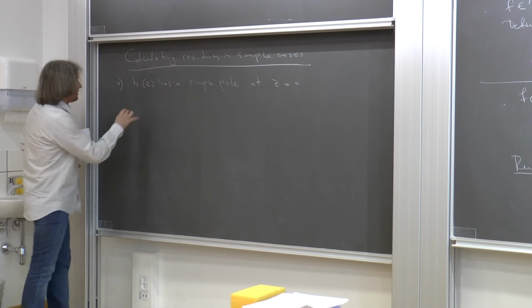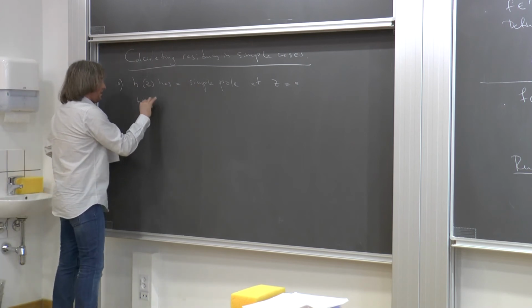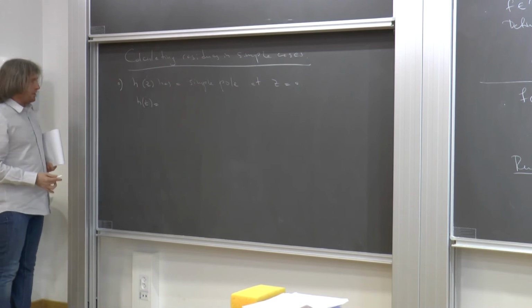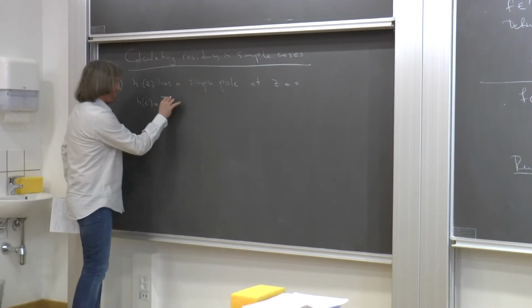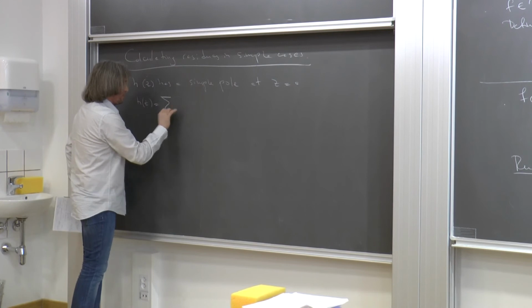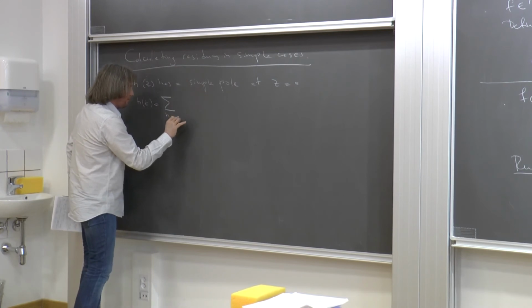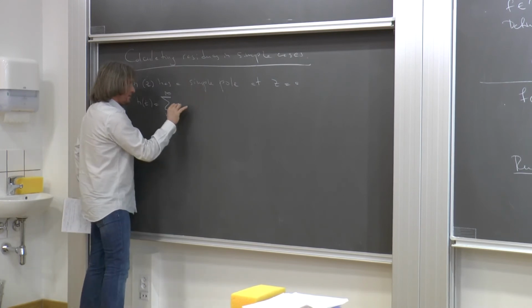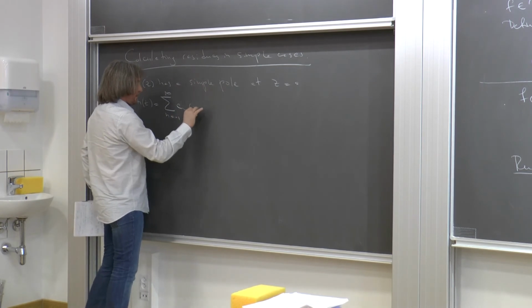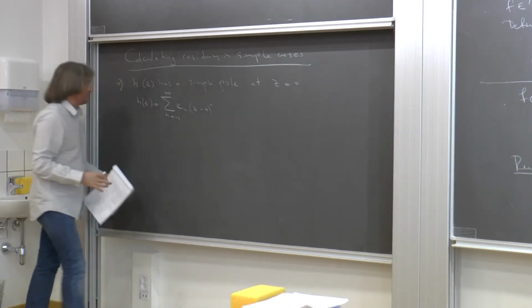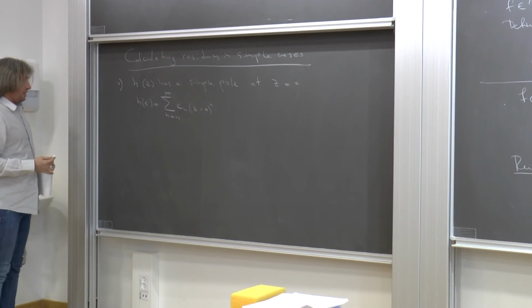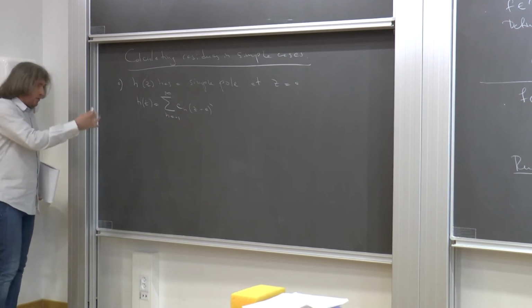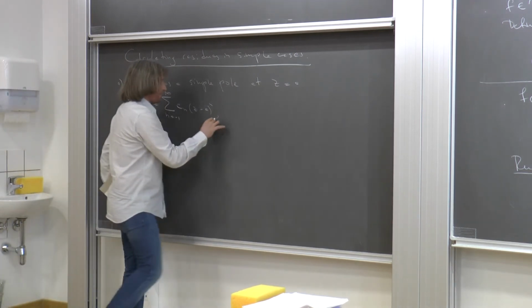This means that h of z has the following expansion, the sum from n equals -1 to infinity of c_n times (z minus a) to the n. And we're interested in c_{-1}.